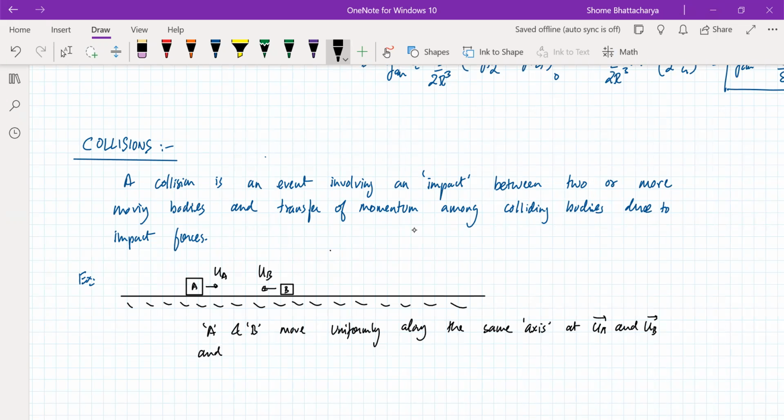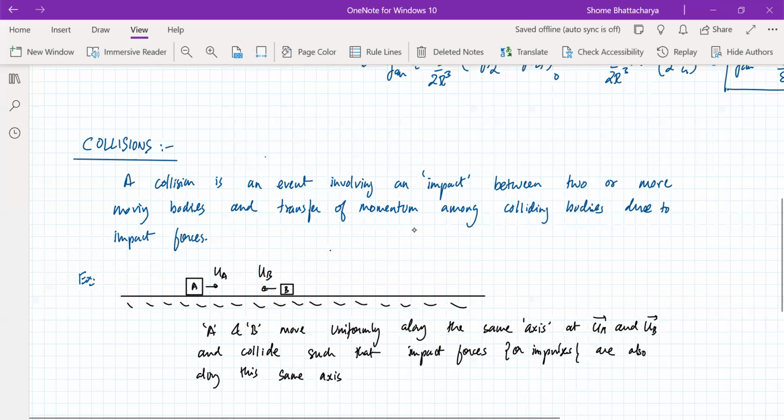and collide such that the impact forces or impulse are also along this same axis.